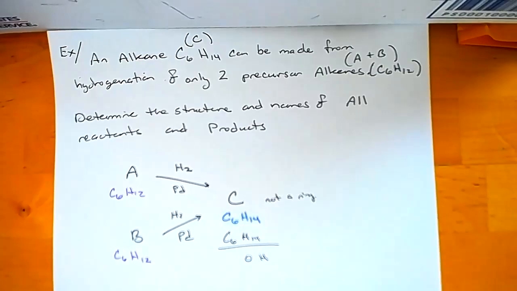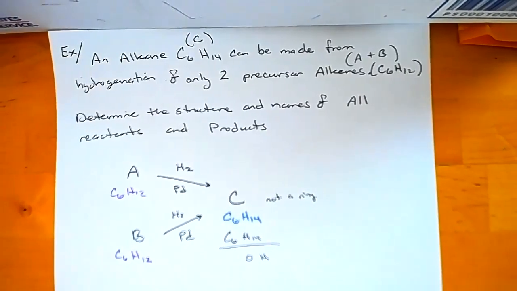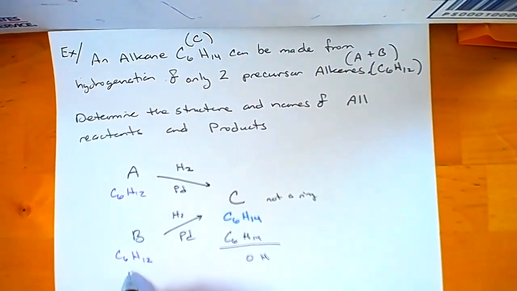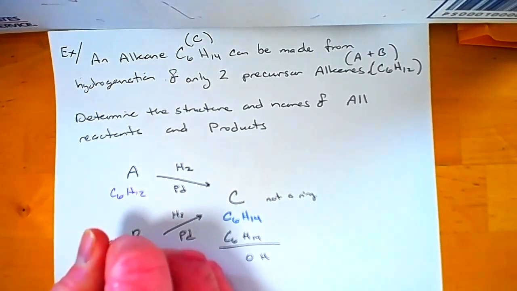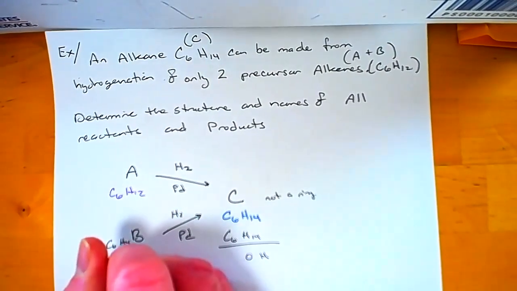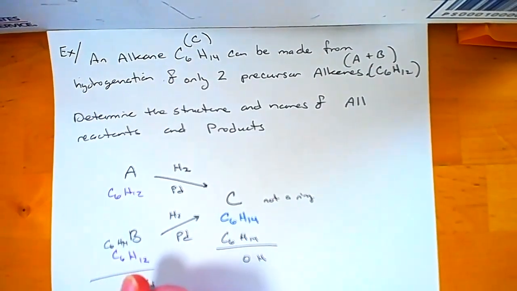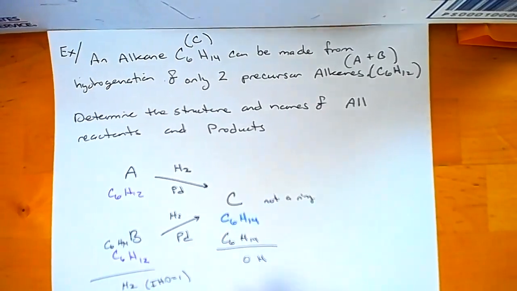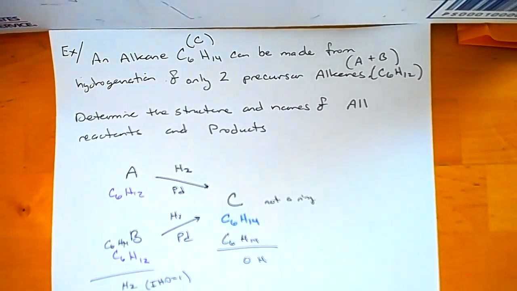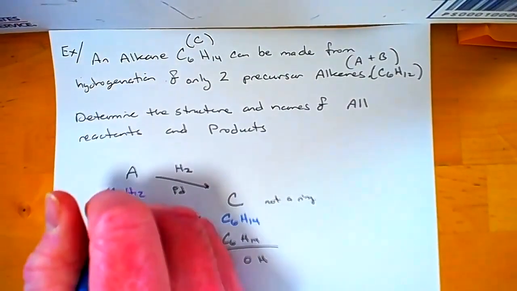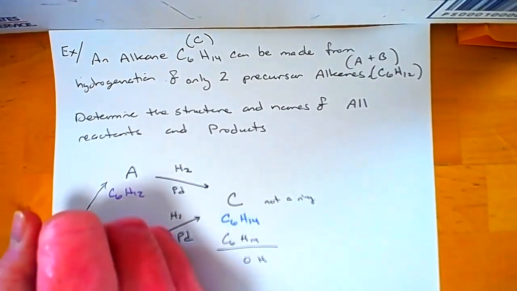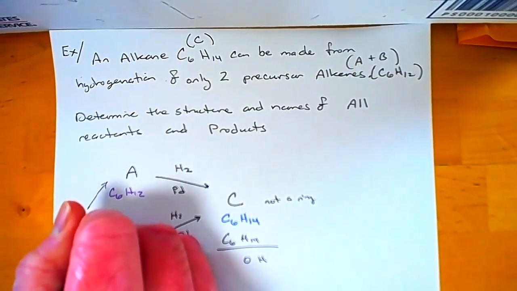And the 2 precursor alkenes indicate an IHD of 1, which means if there are no rings, both A and B have only 1 pi bond in them.